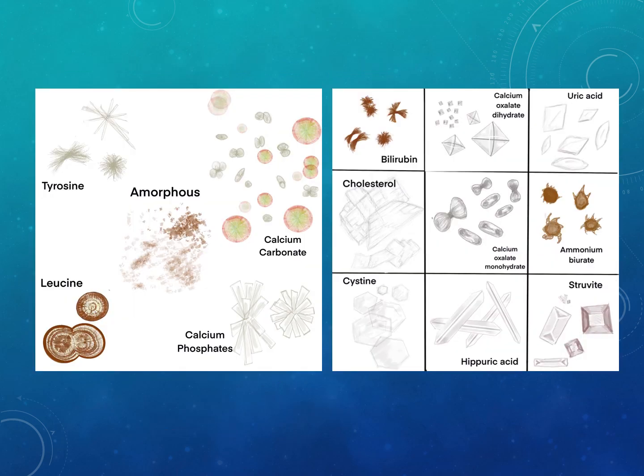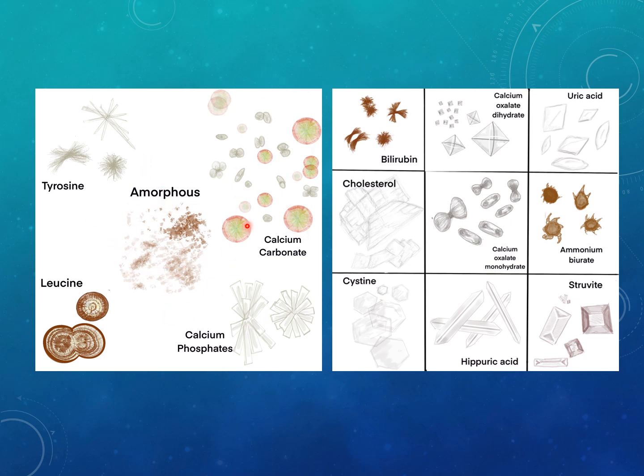Here I have a drawing of different crystals that you may see in the urine. We're not going to talk about all of these, but I just want you to be aware of some of the names. So we have tyrosine, leucine. You can have amorphous crystals that really don't have a shape, and these are probably due to refrigeration or something like that.